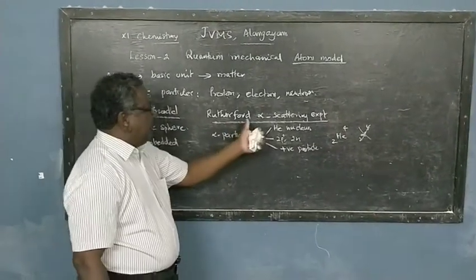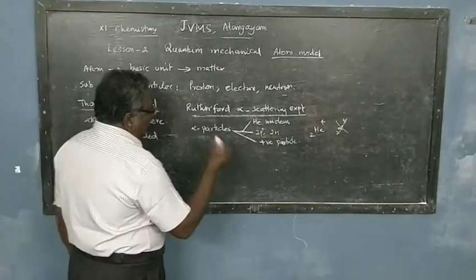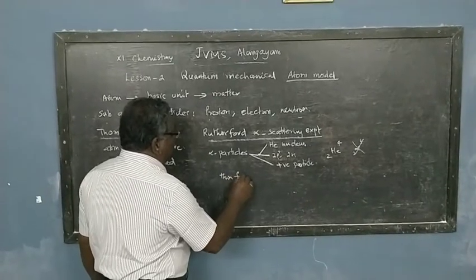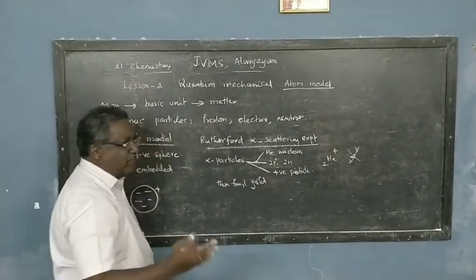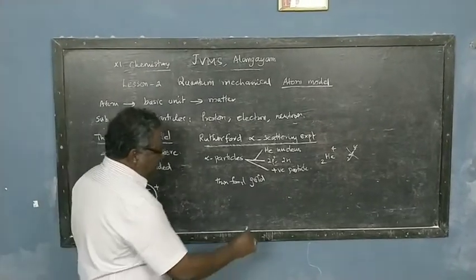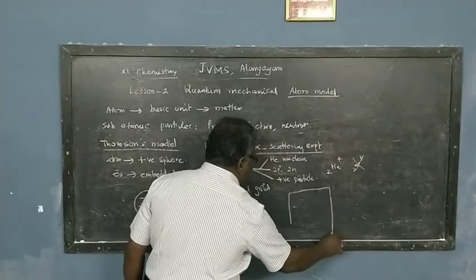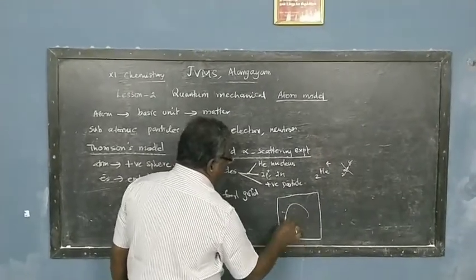So what is the experiment done by Rutherford? So according to Rutherford, he took a thin foil of gold. So gold நோடிய ஒரு மெல்லிய ஷீட் ஒன்னு எடுக்கிறார். எடுத்துட்டு he took a thin foil of gold. In that there are atoms.